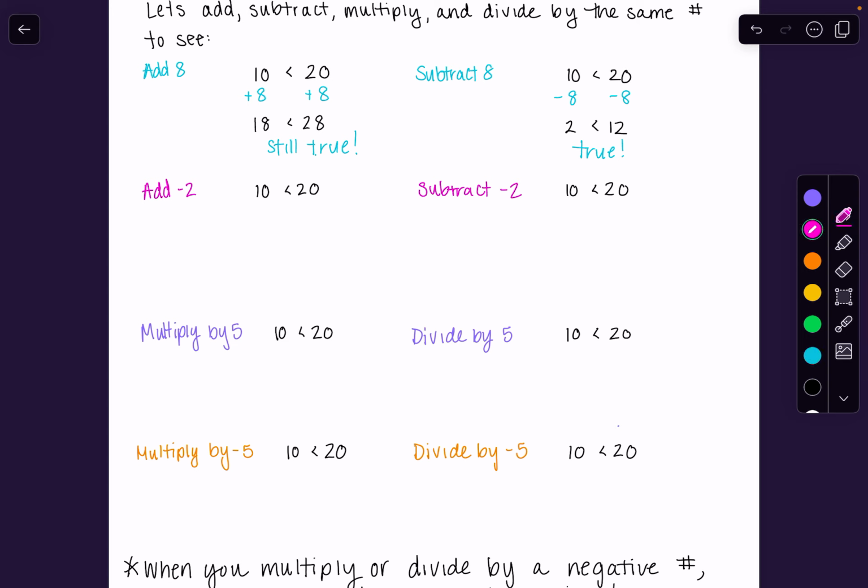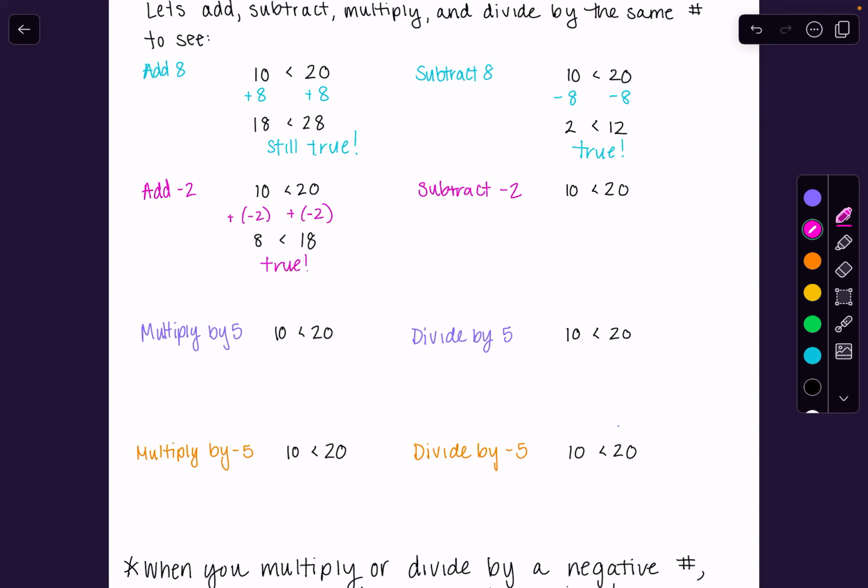Now let's go ahead and do a negative number. Let's add negative 2 to both sides. And in doing so, 10 plus negative 2 is really 10 minus 2. That gives us 8. 20 plus negative 2 is 18. So it is still true, which is good.